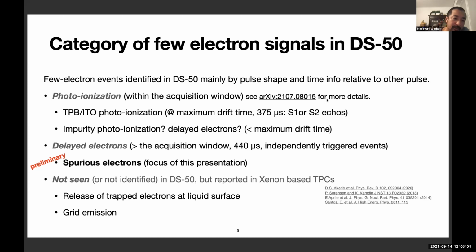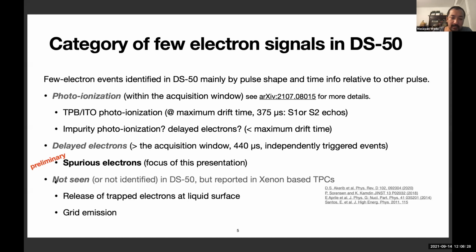Today I'm talking about a different category, delayed electrons. These are delayed and independently triggered events. Some people call them spurious electrons, and the XENON people see them, and the RAX people see those too.